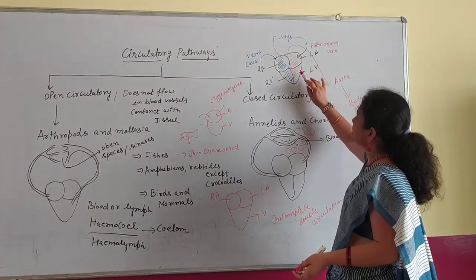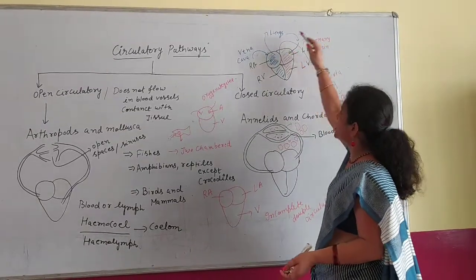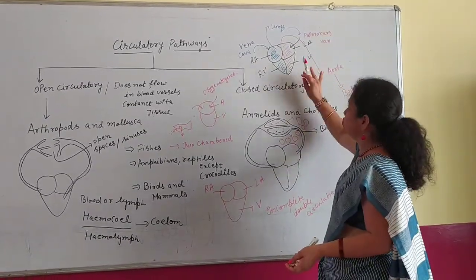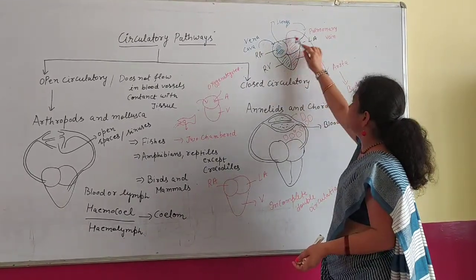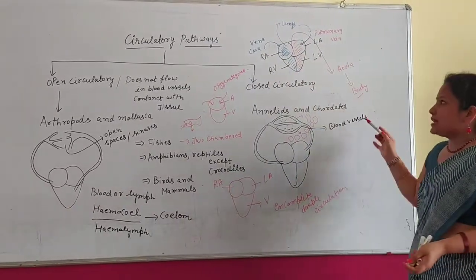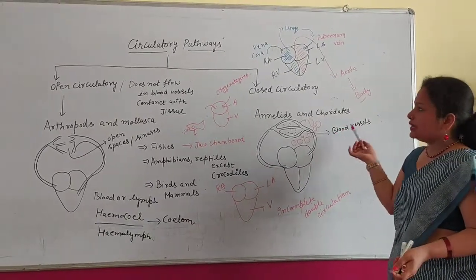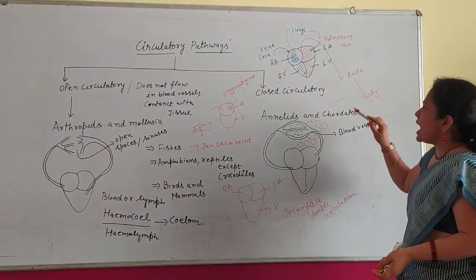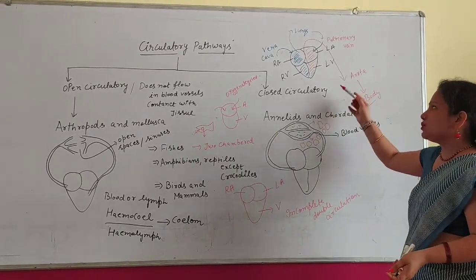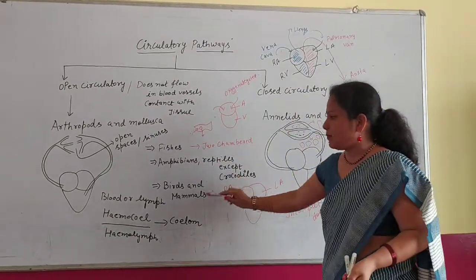And at a single time blood is also leaving the heart two times: firstly to the lungs and then from the left ventricle. So it is known as double circulation, and due to double circulation there is no mixing of blood, and the oxygenated and deoxygenated blood is separated in birds and mammals.